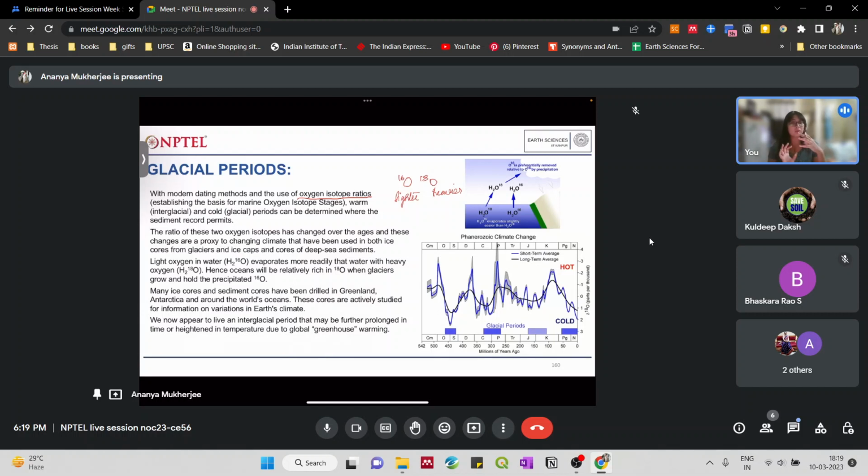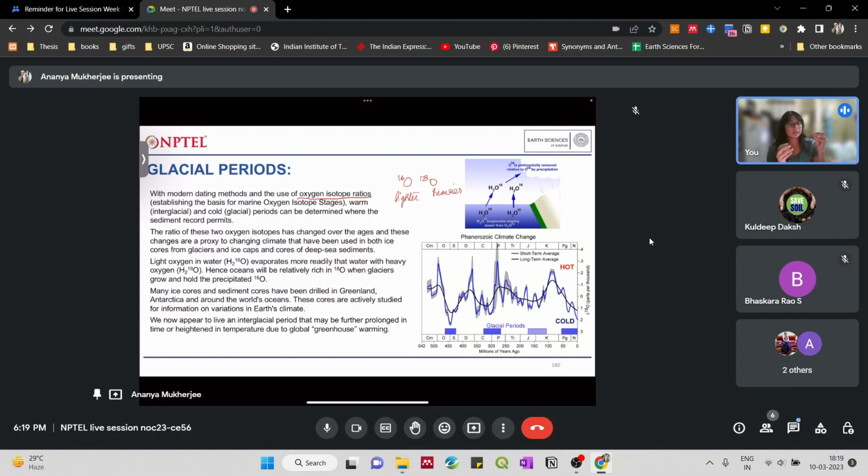Okay, now both these isotopic waters are going to form the clouds and there is going to be precipitation, which is going to give you the increase in glacial mass. So now from precipitation, again when it is getting precipitated, the isotopic ratio is going to differ.